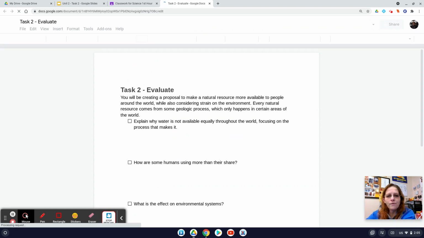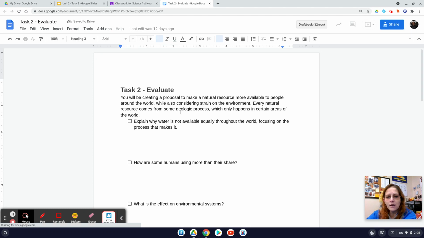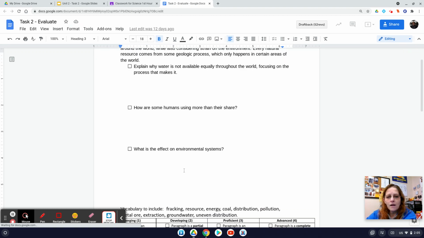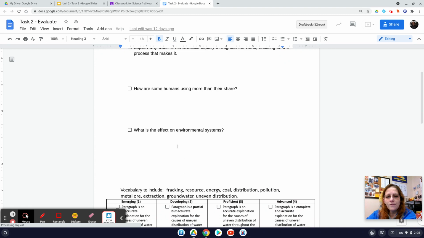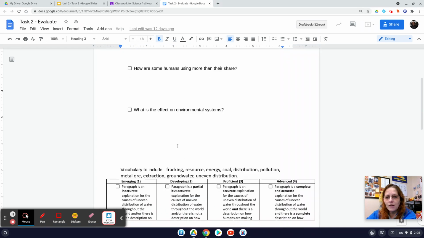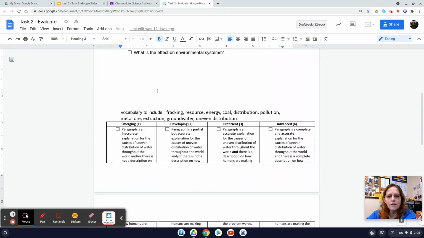If you want to write them first and then put them in here, that's fine. So explain why water is not available equally throughout the world, focusing on the process. Okay, think about the geologic process. How are some humans using more than their share? Just give me a list. That's fine. And then what is the effect on the environmental system? All right, actually give me some thoughtful answers on that.